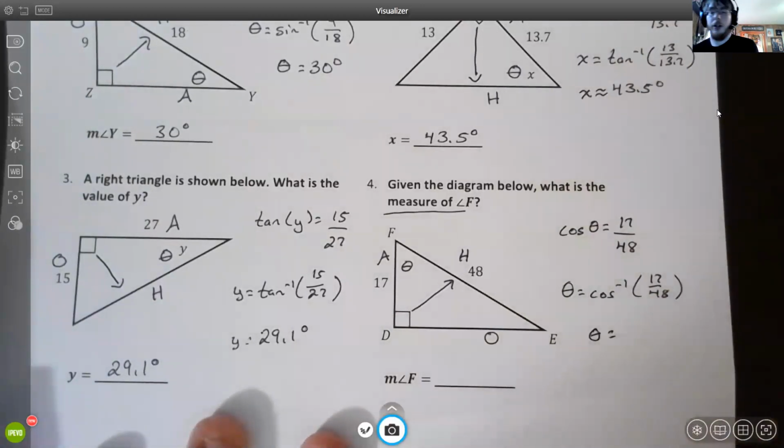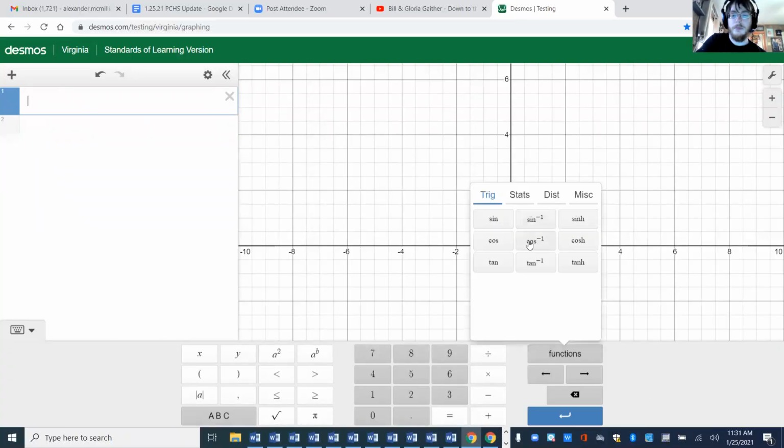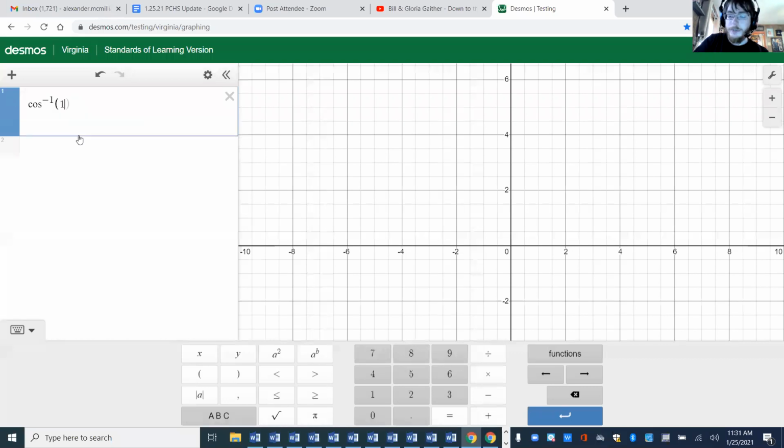If we go to our calculator, we're going to type in inverse cosine of 17 over 48, and we get that theta is approximately 69.3 degrees.